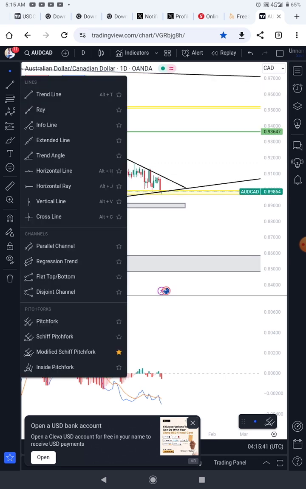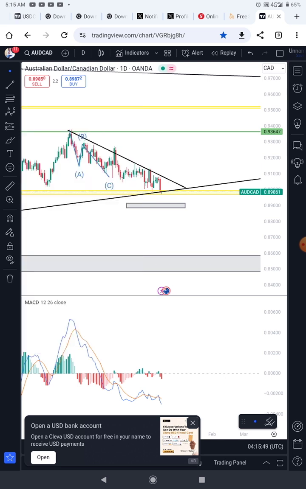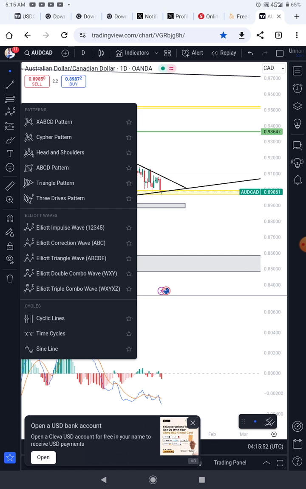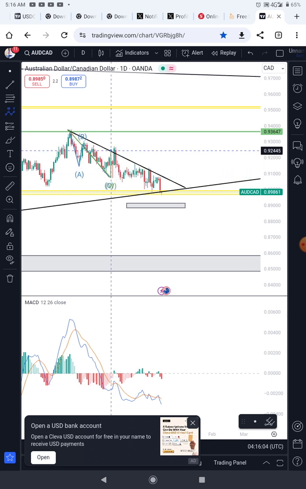If you know the idea of this, then we know that this ABC is my W, right? And this is my X, and we know that X can do anything.